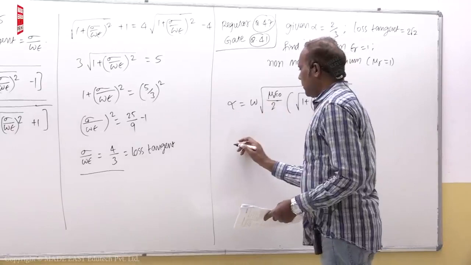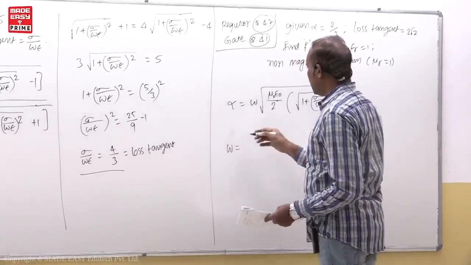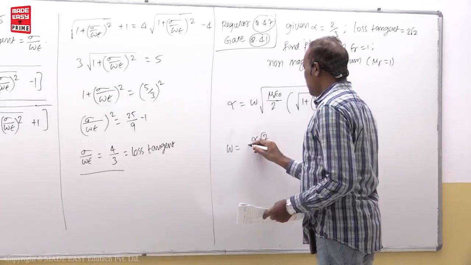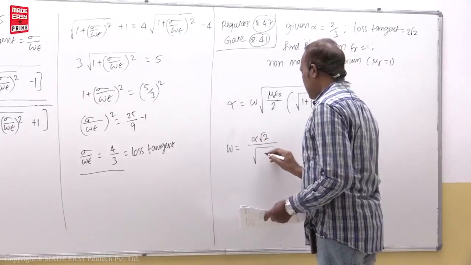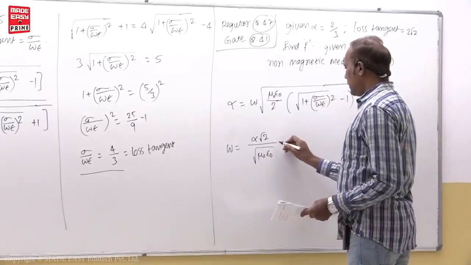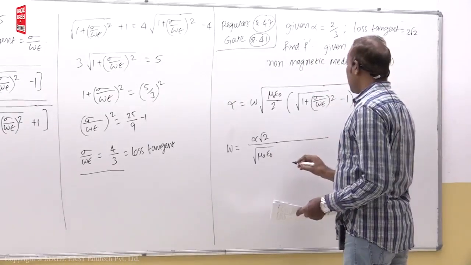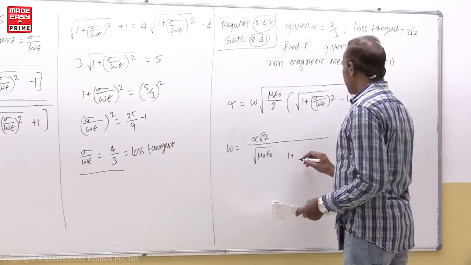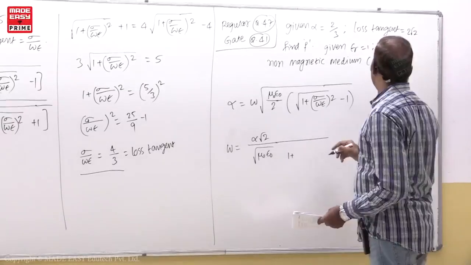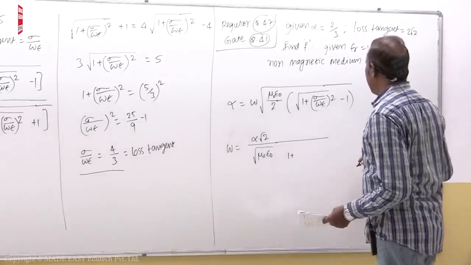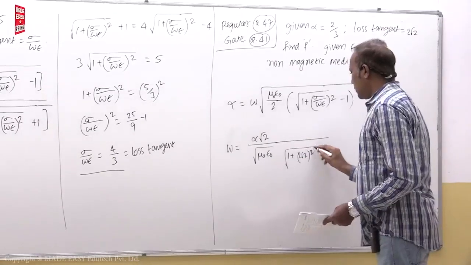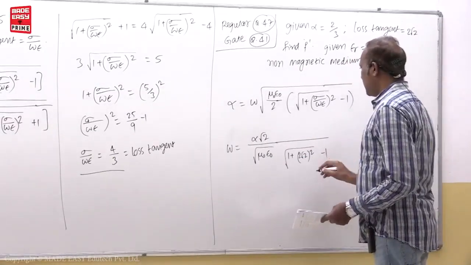So omega is equal to alpha times root 2 divided by root mu naught epsilon naught, then what is in the numerator goes to the denominator: root of 1 plus the given loss tangent 2 root 2 squared, minus 1.